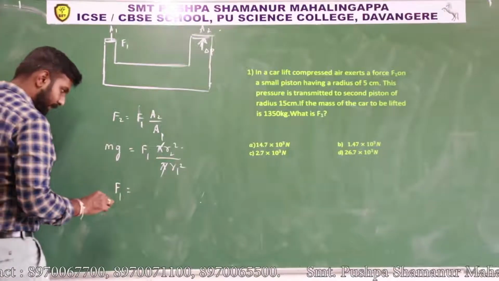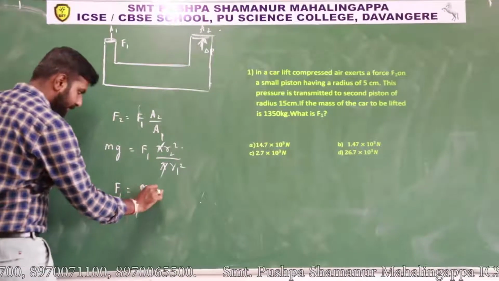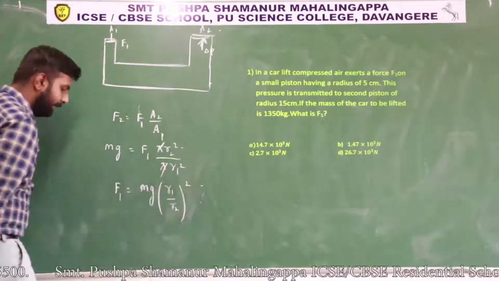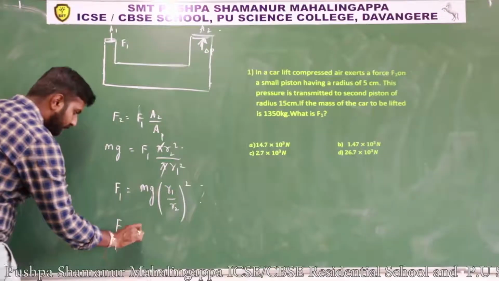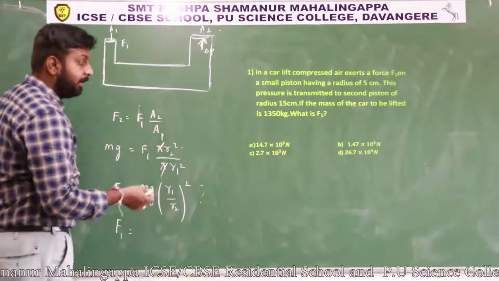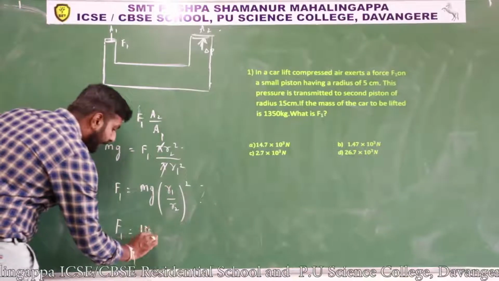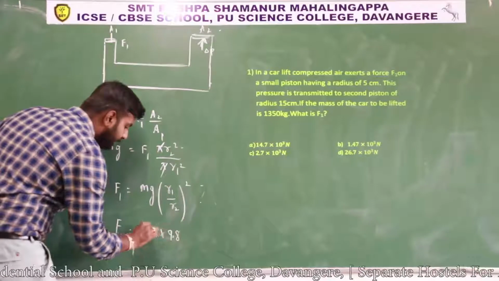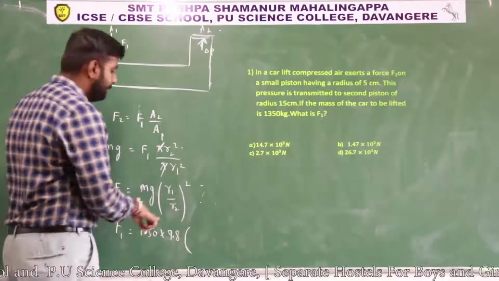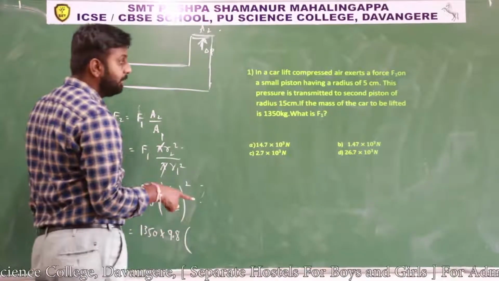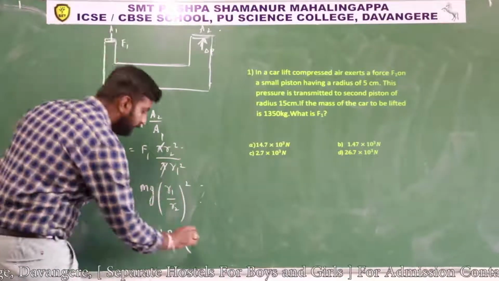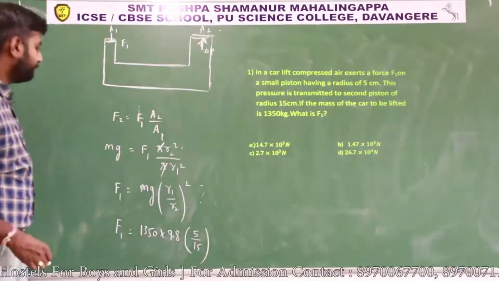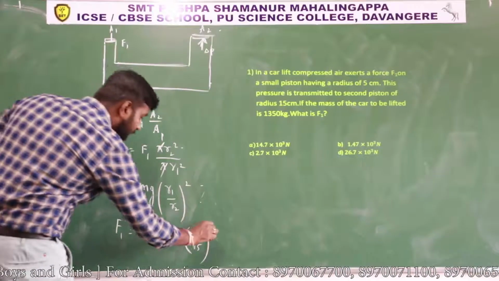F1 equals mg times R1 by R2 whole square. m is 1350 kg multiplied by 9.8, multiplied by R1 by R2, where R1 is 5 centimeters and R2 is 15 centimeters, so 5 by 15 whole square.